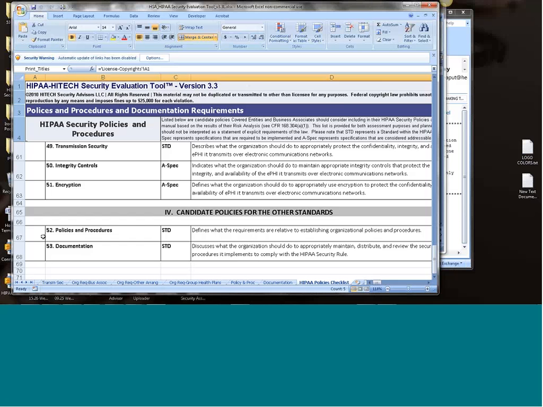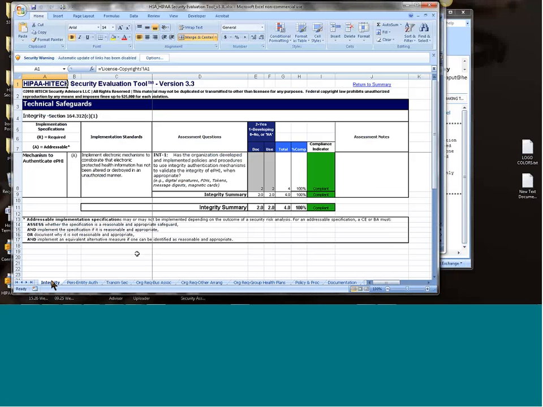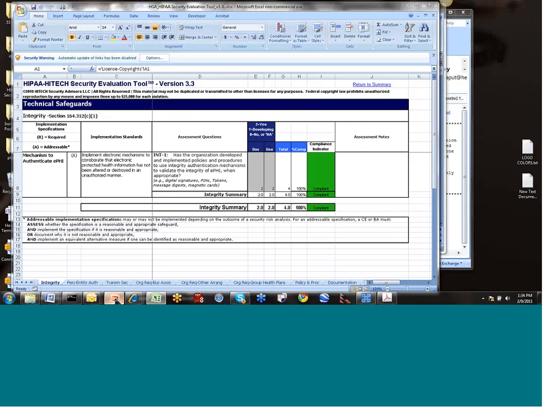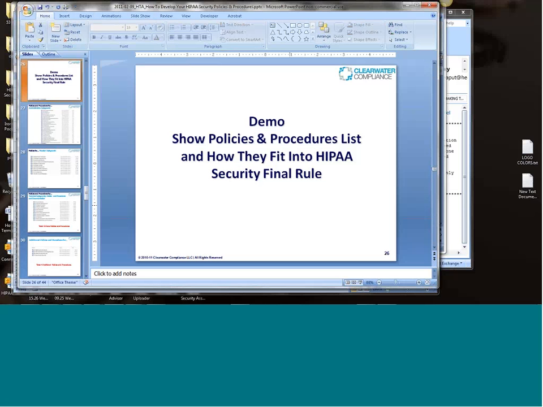So we've read the law very carefully, and just by way of illustration, as we went through the language of the law, anywhere it indicated a requirement for policies and/or procedures, we've included it in our list. And we've been at this, by the way, since 2004, before it was very fashionable to be talking about HIPAA security, by which date, by the way, it was a requirement for covered entities to have become compliant. Actually, it was April 2005.